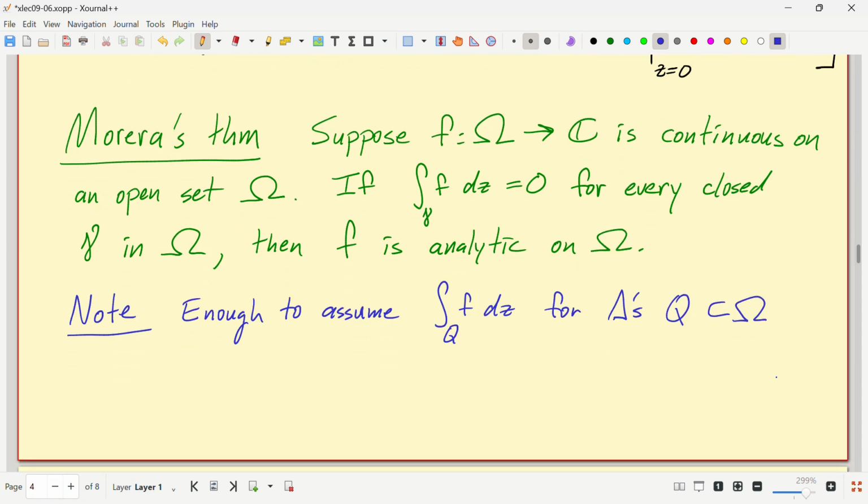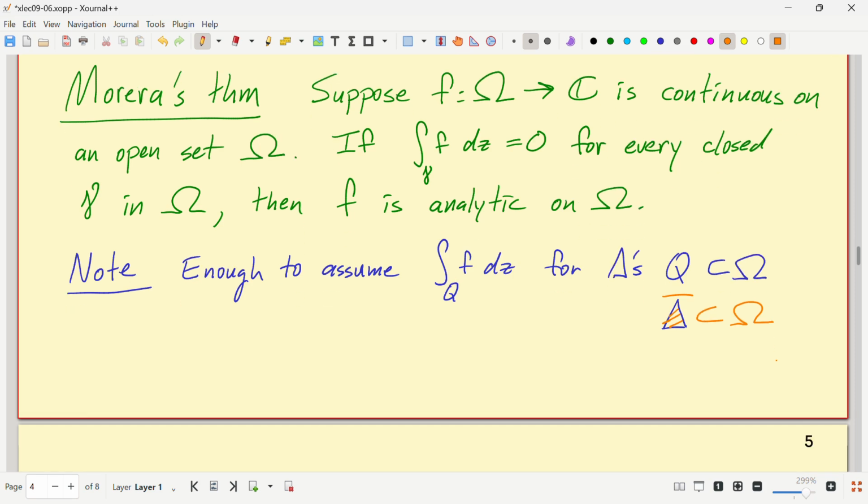And of course, when I'm talking about triangles, I'm talking about a triangle with the boundary and the interior, the closure. That's the topological closure, not the conjugate. That would mean that we have what we need from Goursat's lemma. We proved Goursat's lemma when f was analytic. But if we assume this, then we have the conclusion of Goursat's lemma.